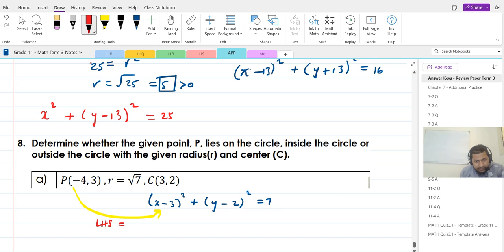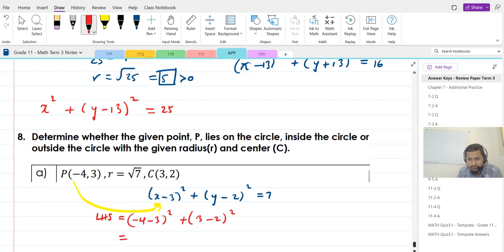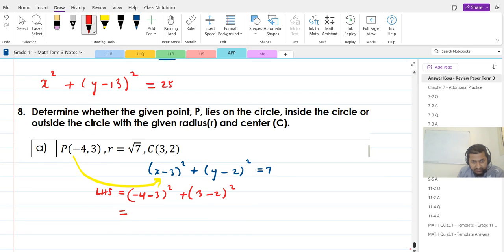So minus 4 minus 3 squared plus 3 minus 2 squared, we'll get a value and compare it with 7. I'm getting a value of 50. 50 is clearly greater than 7, greater than r squared. So it lies outside.